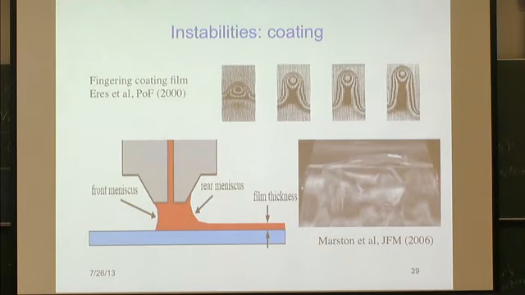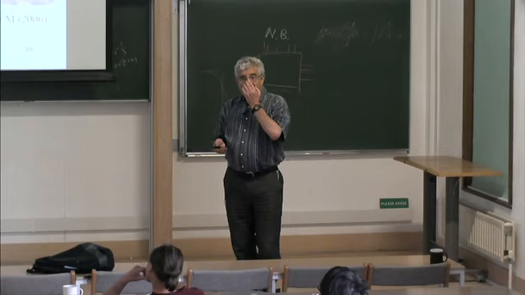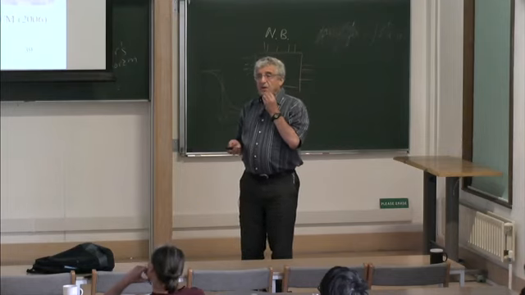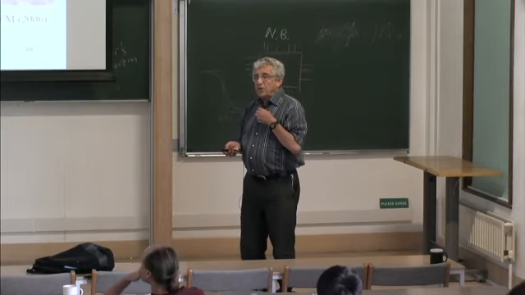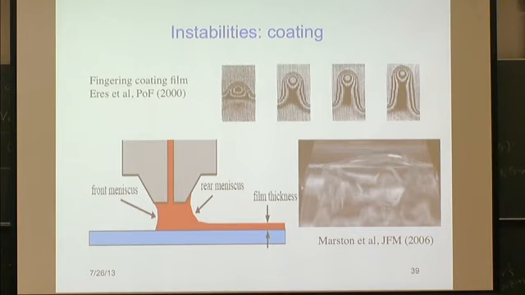Next, I still have a bit of time to talk about instabilities, because all these processes with a contact line are also subject to transverse instabilities, which are always observed.